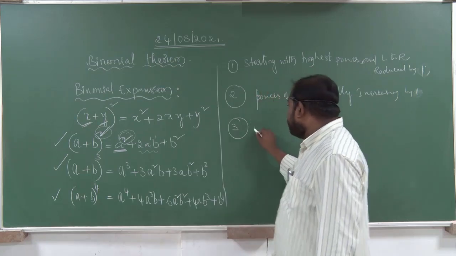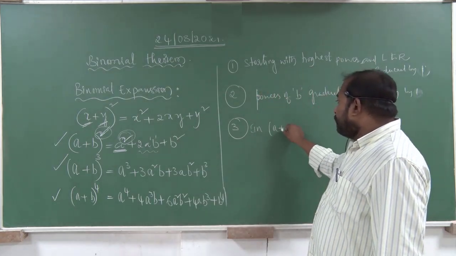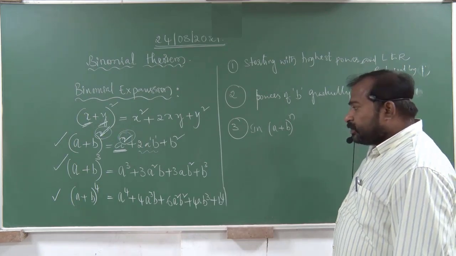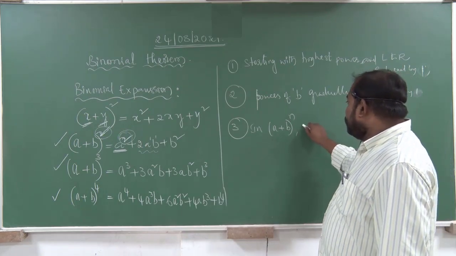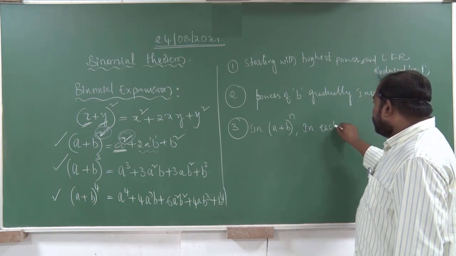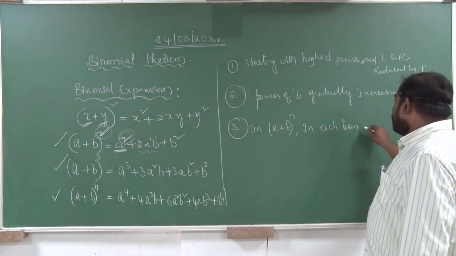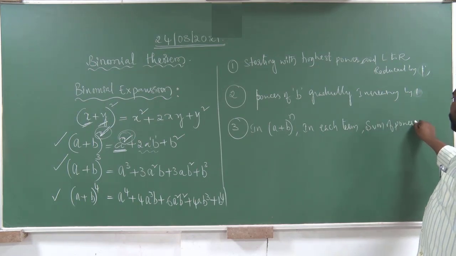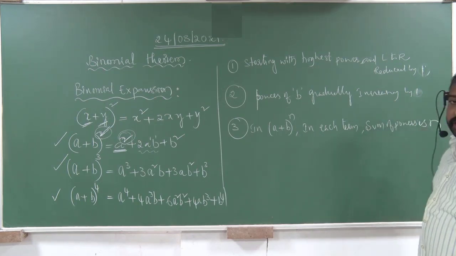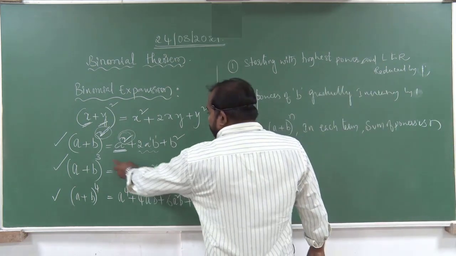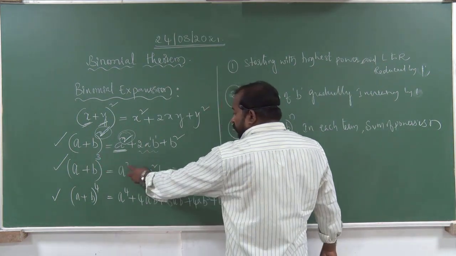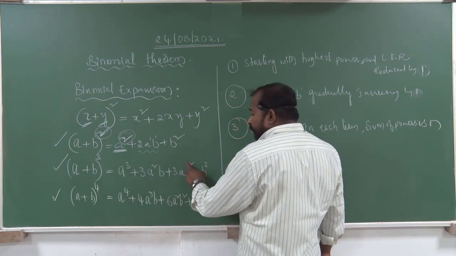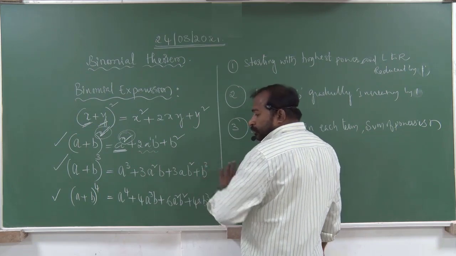So that means in (a + b)^n, where n belongs to natural numbers, in each term the sum of powers is n. Got it now? For example, here the power is cube: a^3. Here a^2 b^1, 2 plus 1, 3. a^1 b^2, 2 plus 1, 3. b^3, 3.